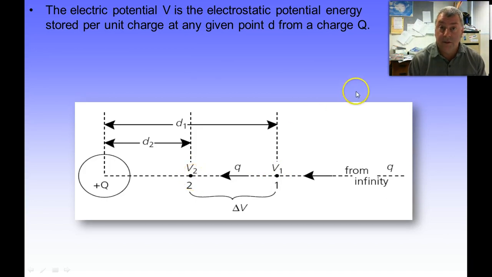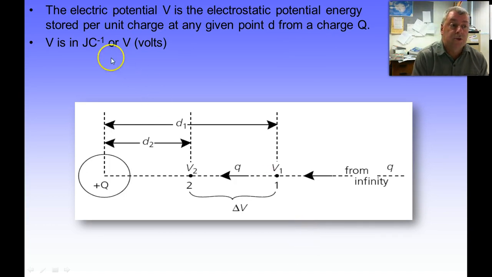Remember that potential difference is given by a capital V as well. So moving it from infinity, and then eventually towards the electric field, we have a change in the potential voltage. So the unit of V is volts, obviously, or joules per coulomb, equally valid.